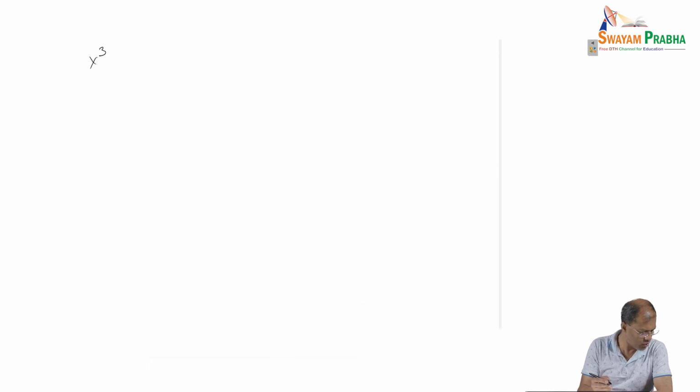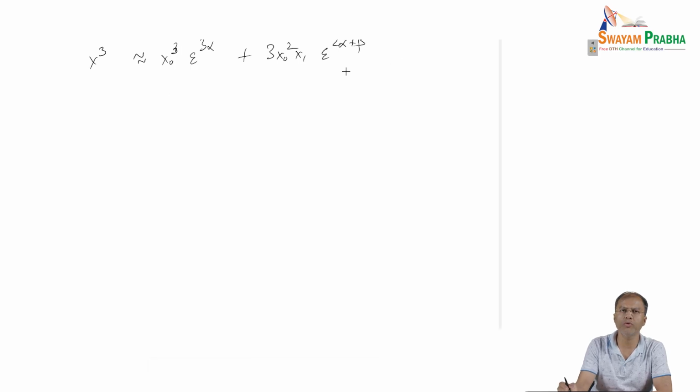If we start to do that, we will see that x cubed is going to be x0 cubed epsilon to the power 3 alpha plus 3 x0 squared x1 epsilon to the power 2 alpha plus beta. We are just using the cube formula, and so on and so forth. We will have higher order terms.